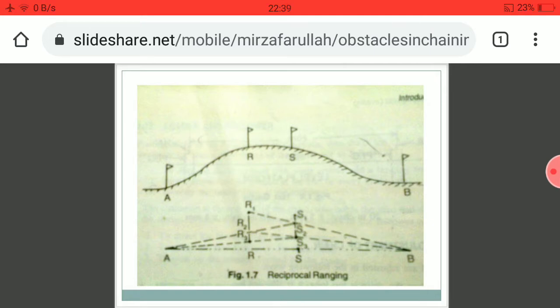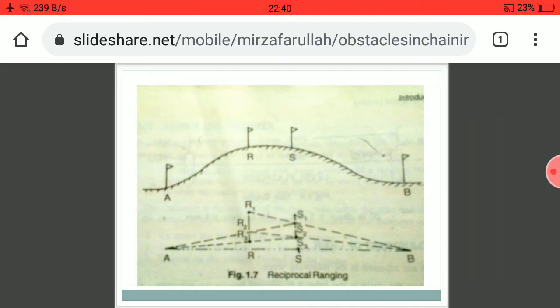Okay, so to measure the distance from A to B by the ranging method, what we have to do is establish the intermediate points R and S such that from point R, S and B are visible, and from point S, R and A are visible.